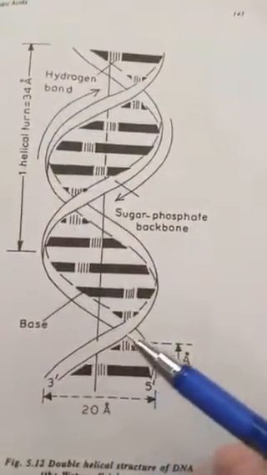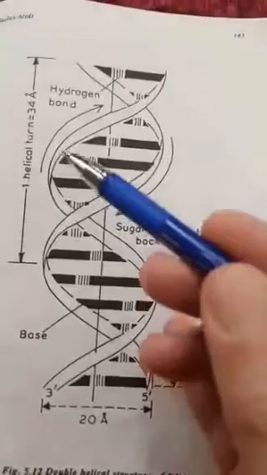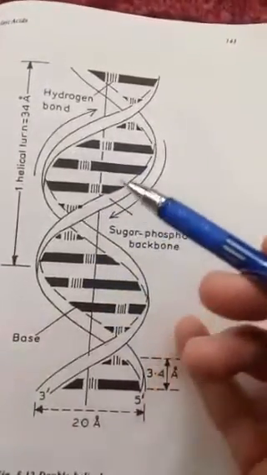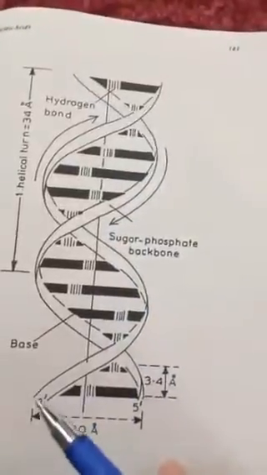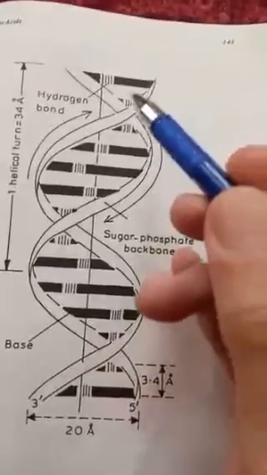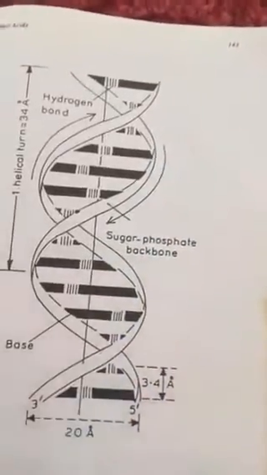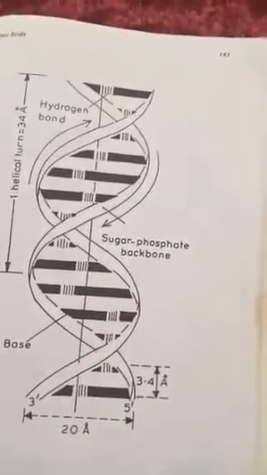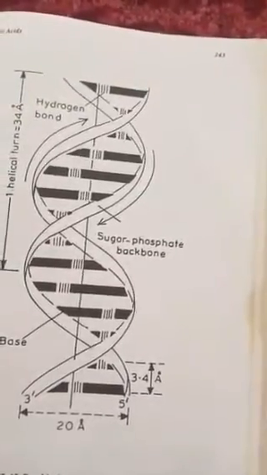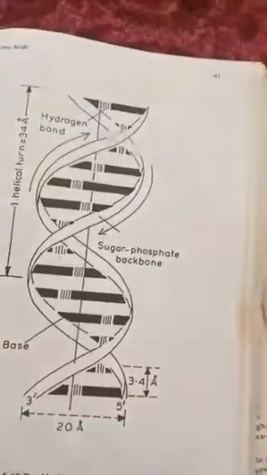One strand moves in 5' to 3' direction, and this moves in 3' to 5' direction. So we can say these are anti-parallel. One moves in one direction and another moves in just reverse. These are called anti-parallel strands.